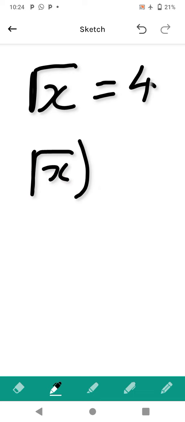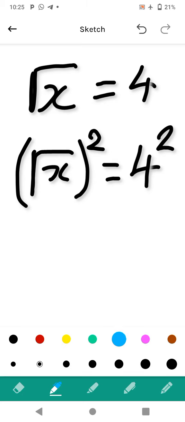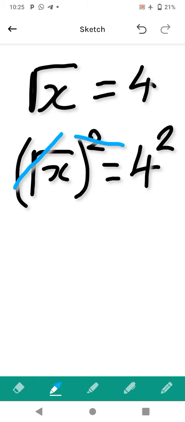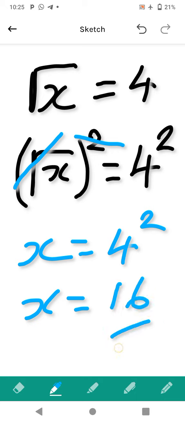Take note, in mathematics, when a variable is in the square root, you remove the square root by squaring both sides. The square root can be removed by squaring both sides. So x will be free, and we'll now have 4 raised to the power 2. So x finally becomes 4 raised to the power 2, which means 4 times 4, which is 16. So that's how we apply that idea.